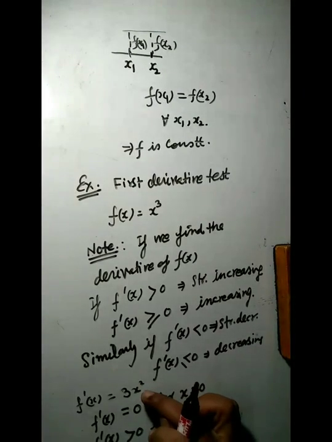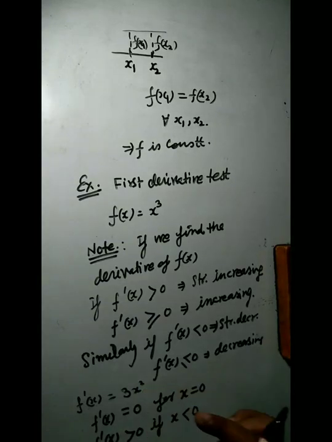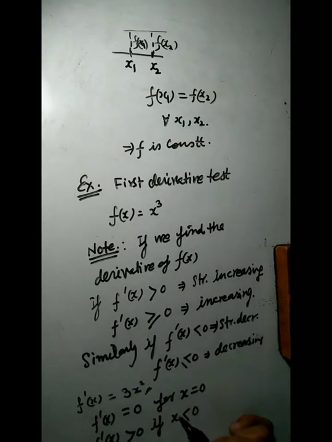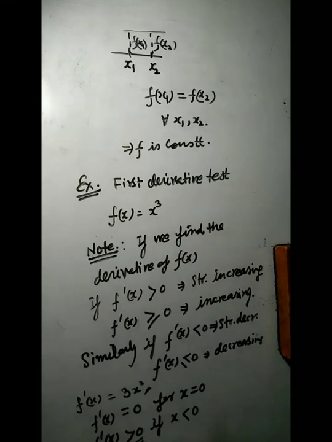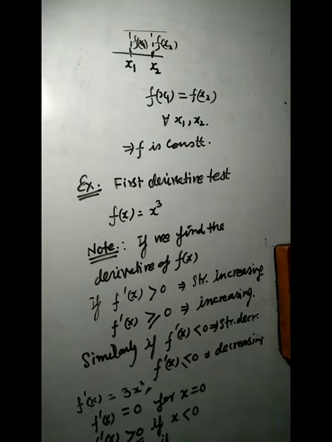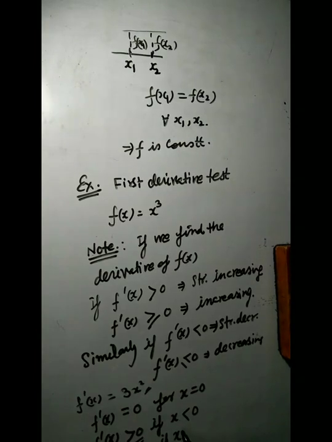So if the value of x is less than 0, it will also be positive, so f dash x will be greater than 0. Also f dash x is greater than 0 if this condition holds true.